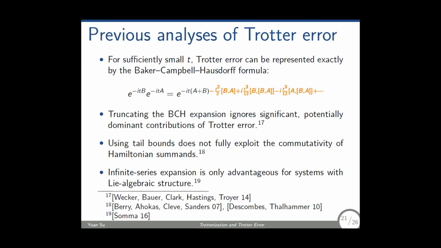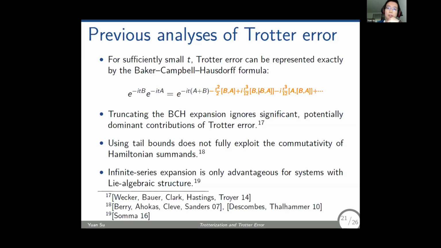Well, this expression is an exact equality here, so you can exactly represent the error of Trotterization using this kind of formula, writing something in the exponent. But it turns out that this formula doesn't hold for all cases. It only holds for a sufficiently small evolution time.